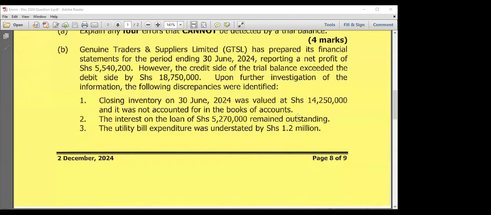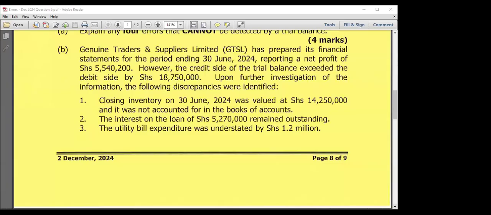Also this one doesn't affect your trial balance. So we shall debit interest expense account and credit interest payable. This is an accrual. When we shall look at a topic called accruals and prepayments, you'll understand that concept.